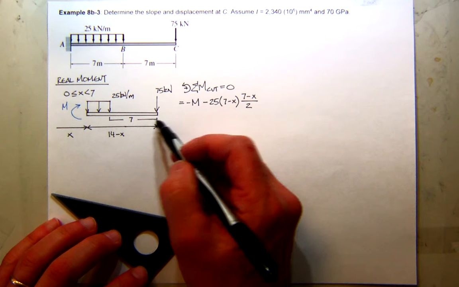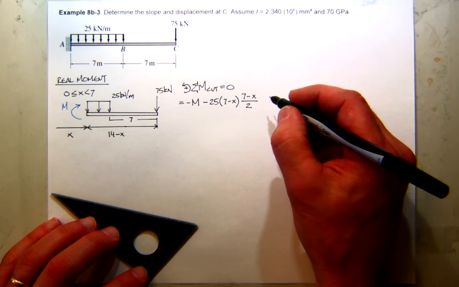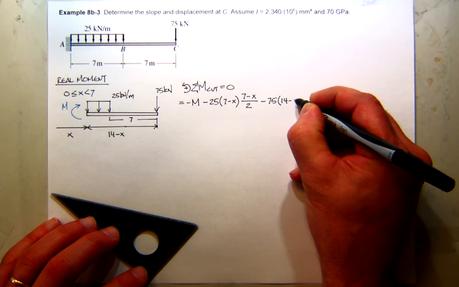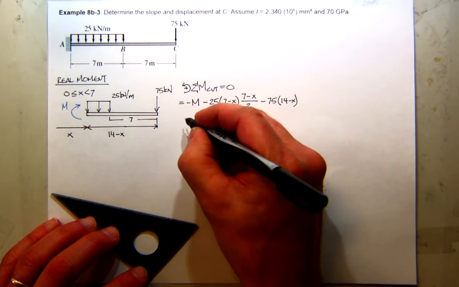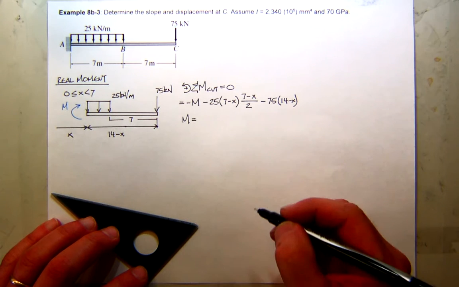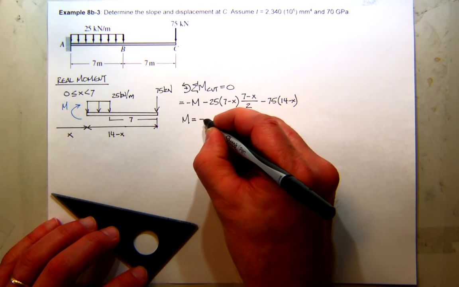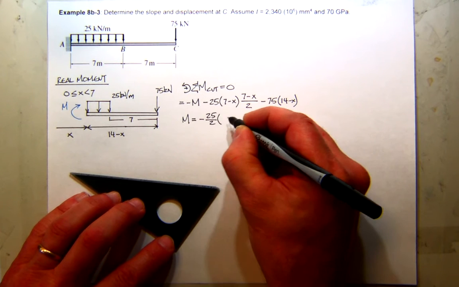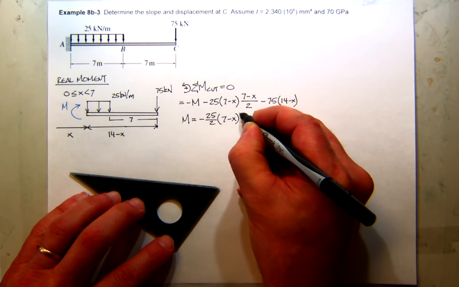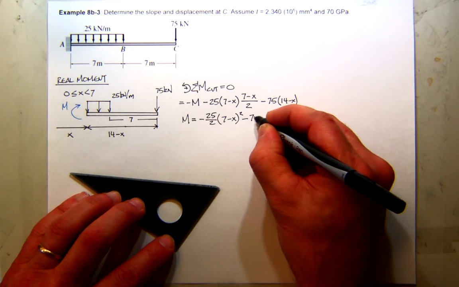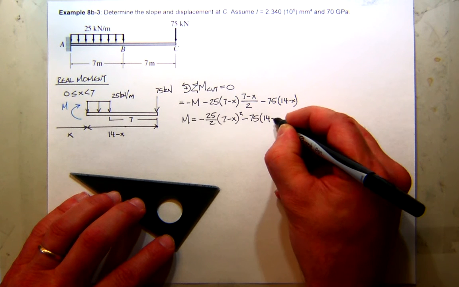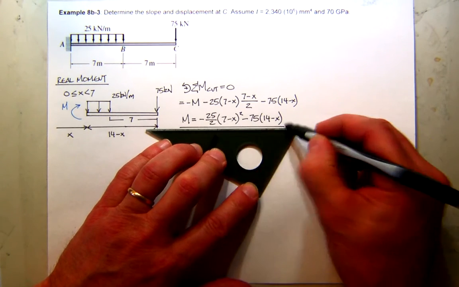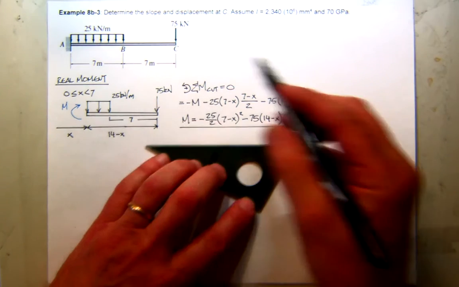The 75 out there on the end, and that's creating a negative moment. And that has a moment arm of 14 minus x. So when I solve for the moment, what am I going to get? I'm going to get negative 25 over 2 times (7 minus x) squared minus 75 times (14 minus x). Do I know the moment anywhere from 0 to 7?